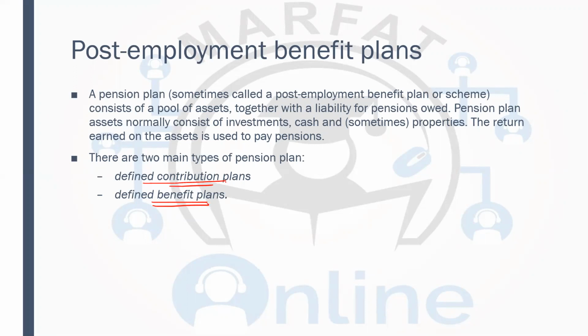Now, let me give you a practical example. For example, a person is working in an organization and his salary is, let's assume, $3,000 per month. Now, the company has different tactics and different policies to retain the employees.